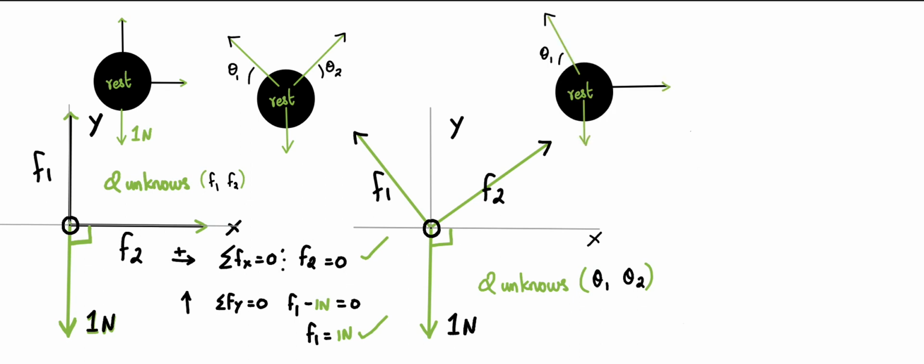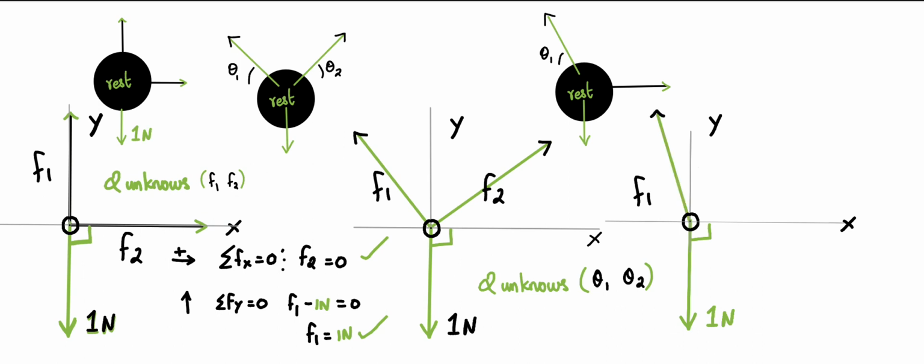Similarly I take another problem here. In this case I consider this as a particle and the weight is completely defined. The force F1 is completely defined in magnitude, but the direction of F1 is not defined, theta 1 is not known, so I indicate the arrow in black color.